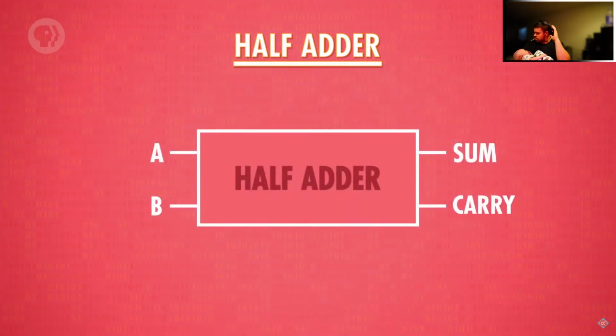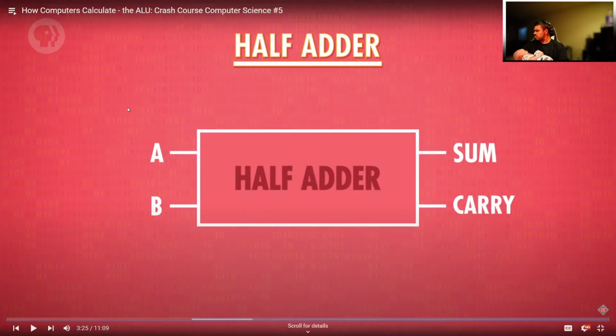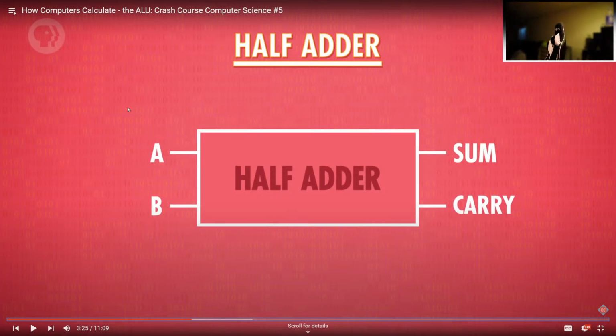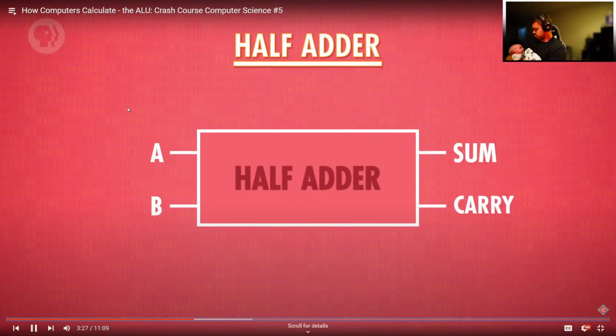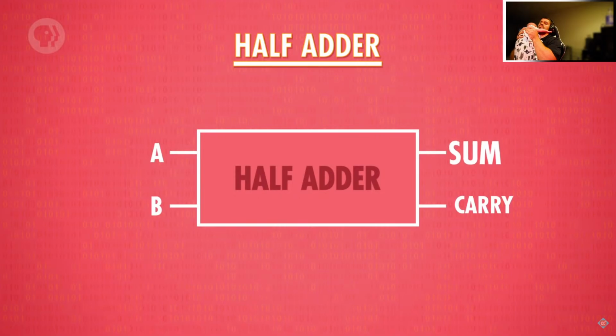But let's abstract away even this level of detail and encapsulate our newly minted half adder as its own component, with 2 inputs, bits A and B, and 2 outputs, the sum and the carry bits.